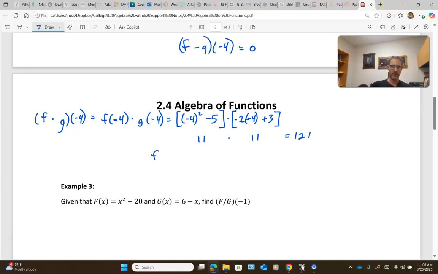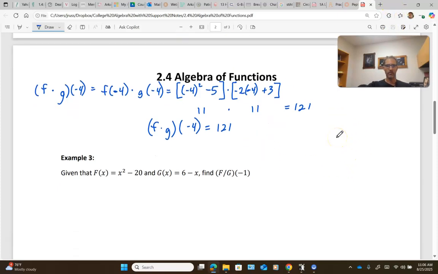And so we can restate that f times g, whenever x is -4, is actually 121. Okay, so guys, you're going to have several of these in your homework, and you'll be plugging in different values. So just take your time, go slow.